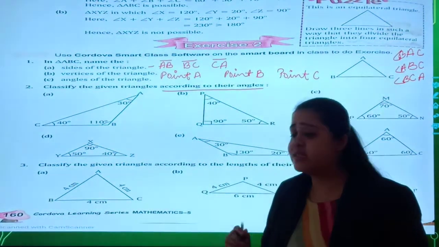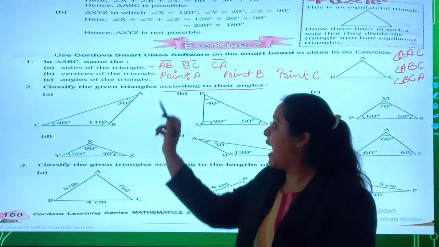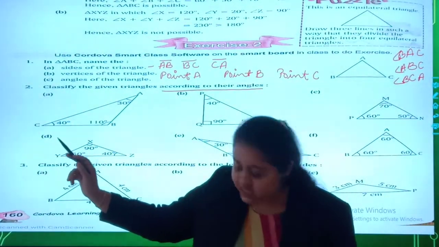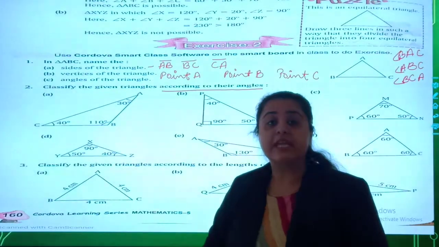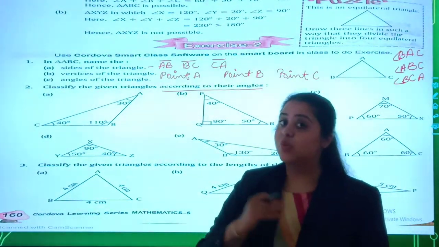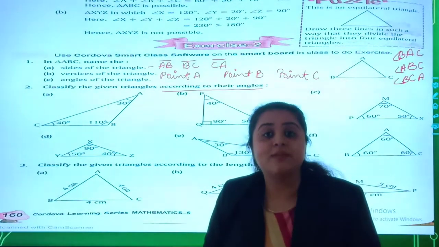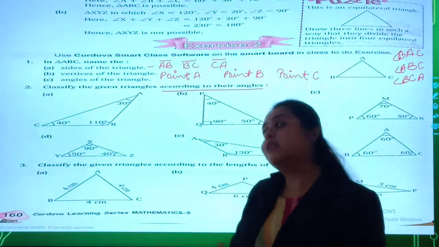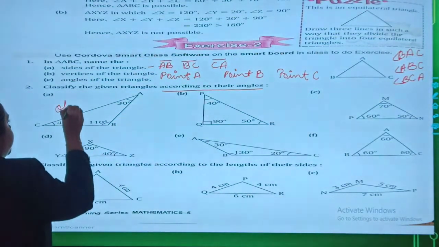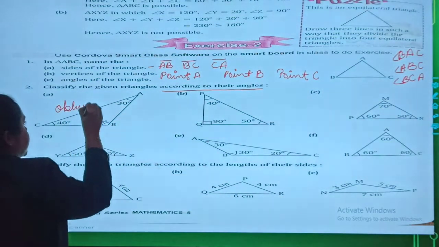The first one, you can see angle A is 30, B is 120 and C is 40. So you will observe B is 110. That is more than 90. So it will be obtuse angle triangle. So I am writing obtuse angle triangle.